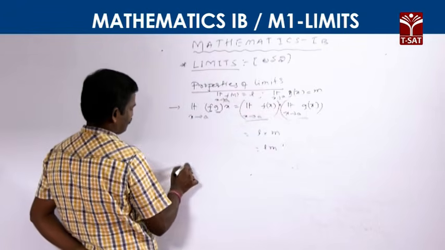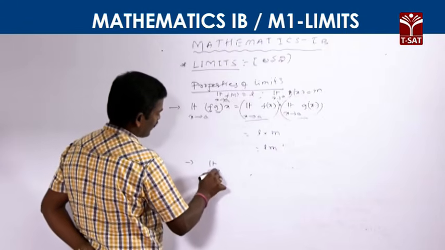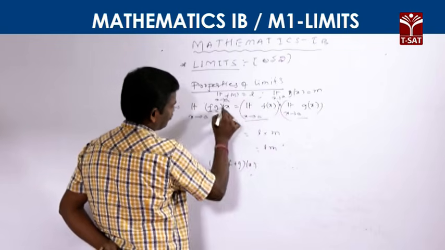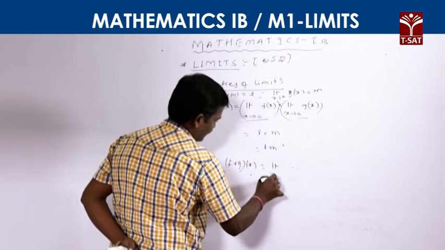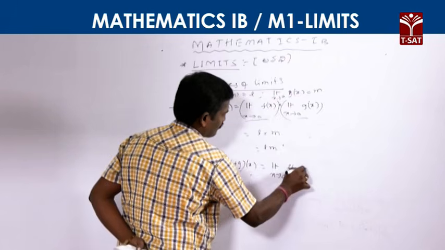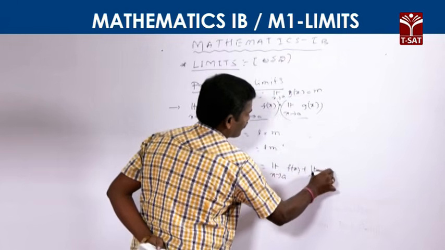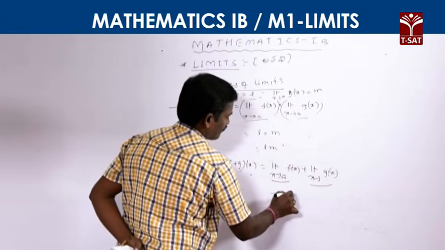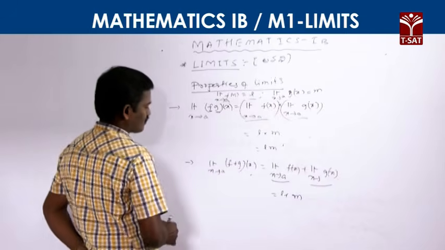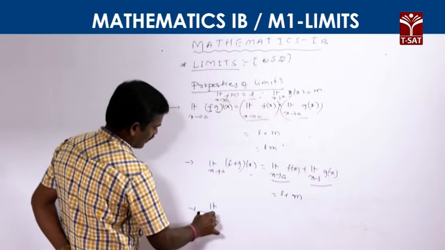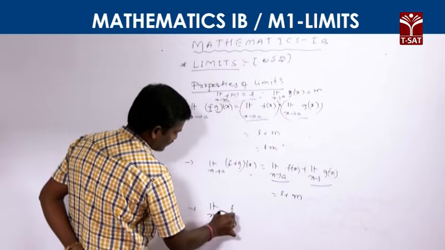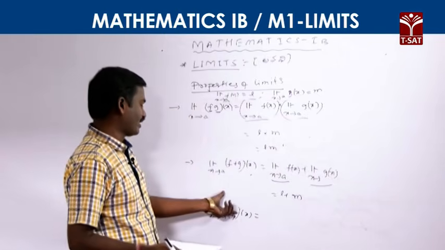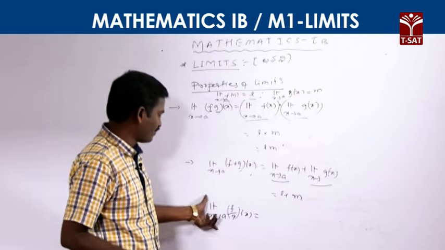So the next property, limit extends to a of (f plus g)(x). Here it is limit extends to a of f(x) plus limit extends to a of g(x). This answer is L and this answer is M. So L plus M. One more property is there: limit extends to a of (f/g)(x). Here we have two functions, so the numerator we can separate and the denominator we can separate, and separate limits we have to write.